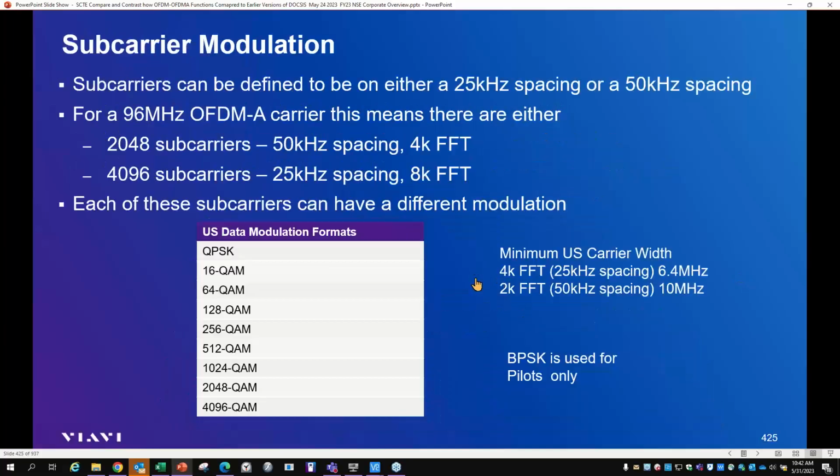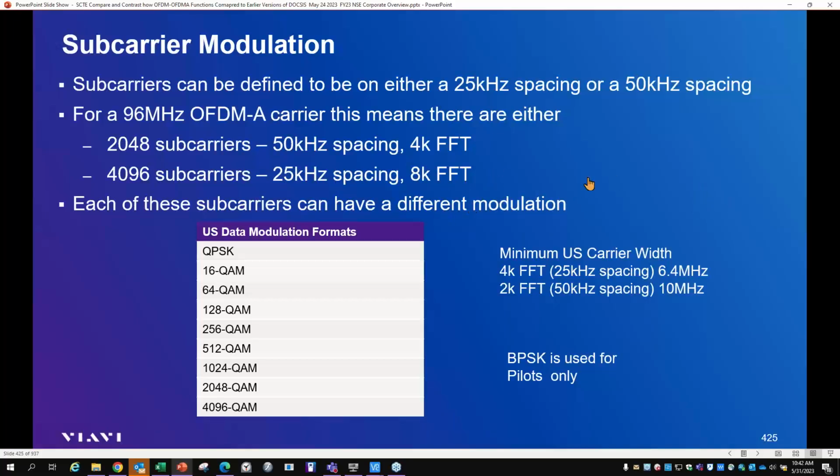So again, these are the types of subcarriers. Subcarriers can be defined just like we did with the OFDM carrier, 25 kilohertz and 50 kilohertz, the same thing, right? Over time, and I forgot to mention this earlier, some of the systems have gone from 50 kilohertz spacing to 25 kilohertz spacing on the OFDM carrier.